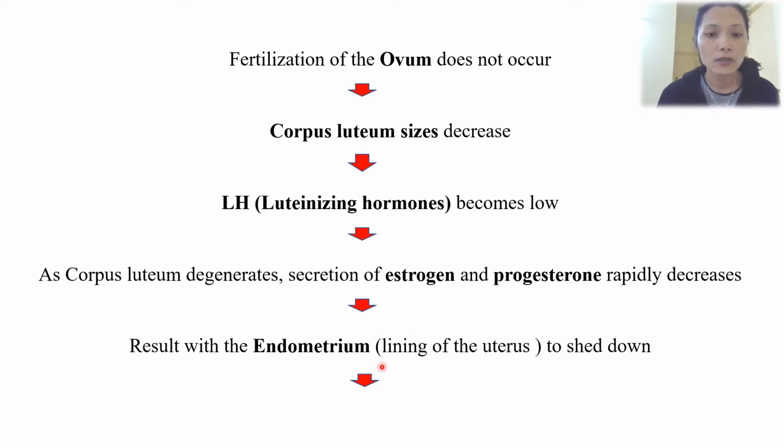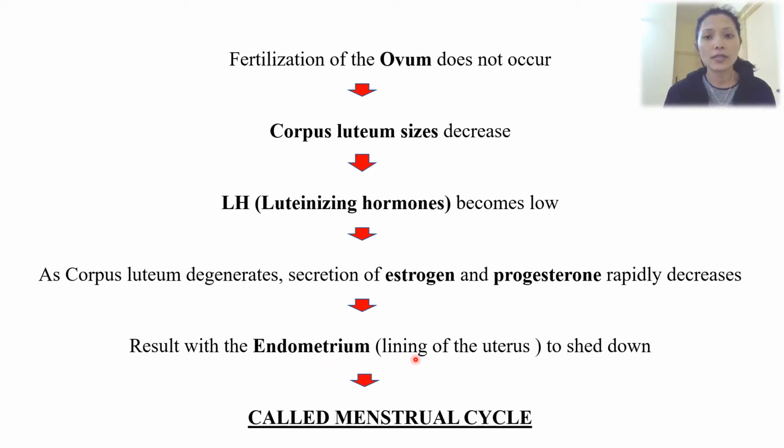Here also shedding is occurring because the fertilization of the ovum did not occur. This leads to reduced corpus luteum size, reduced luteinizing hormone, and reduced secretion of estrogen and progesterone, which are a major part of the menstrual cycle as well as of pregnancy. Leading to the endometrium shedding, which is called the menstrual cycle.